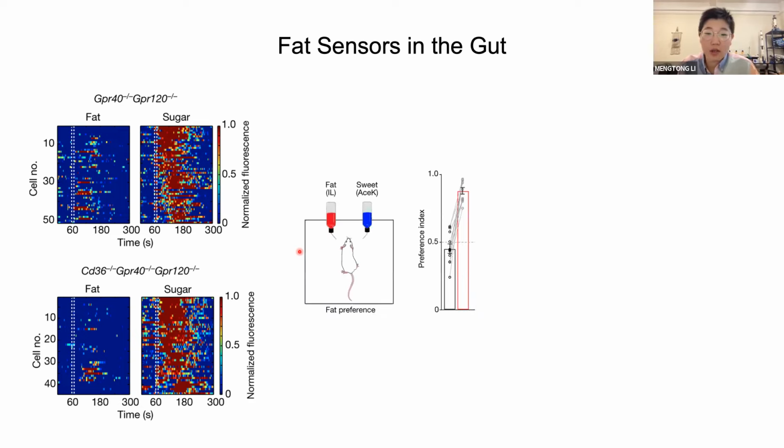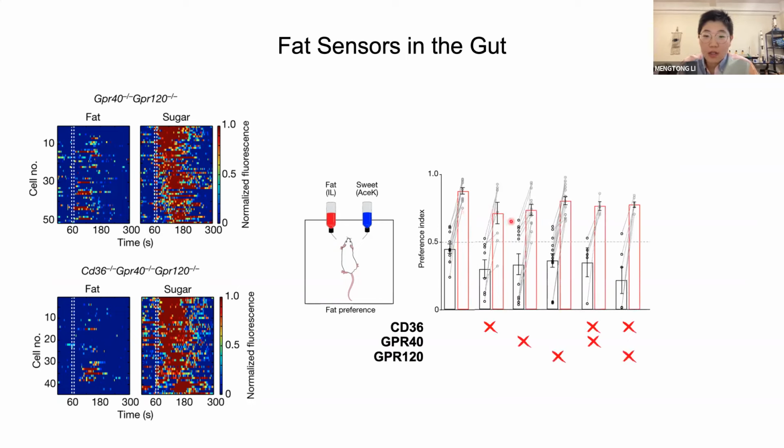So we monitored their licking for fat versus artificial sweetener. The licks of the first 4 hours are shown as the black bar, and the licks of the last 4 hours are shown as a red bar. And we can tell that after 48 hours, the wild-type mice are able to switch their preference for fat.